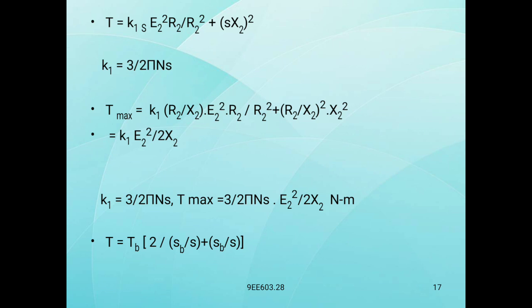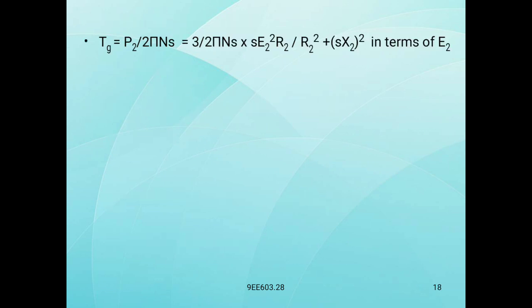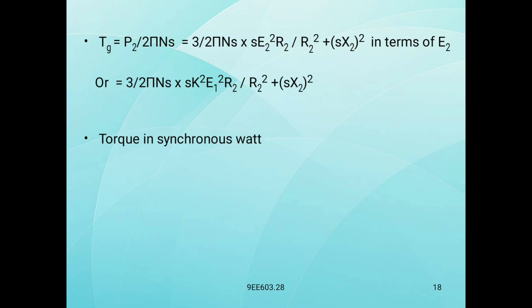So this is T is equal to Tmax times 2 by (sm by s plus s by sm). Here, the gross torque Tg is P2 by Ns, that is equal to 3 by 2 pi Ns times s E2 square R2 by R2 square plus sX2 whole square, and it is also written in terms of E1 square.